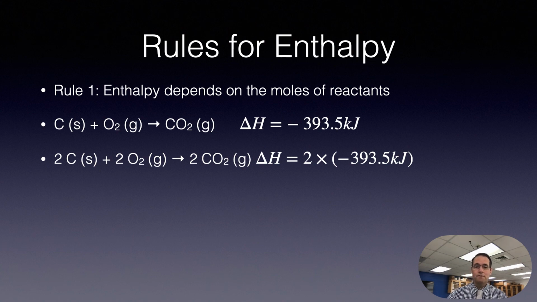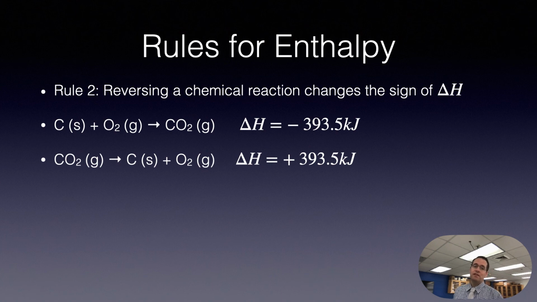That's rule number one. Rule number two is that if you reverse a chemical reaction, you're going to have to change the sign of the delta H, but the value remains the same. So if we have carbon and oxygen combining to give us carbon dioxide, and the change in enthalpy for that process is negative 393.5, it means that it's going to release 393.5 kilojoules of energy.